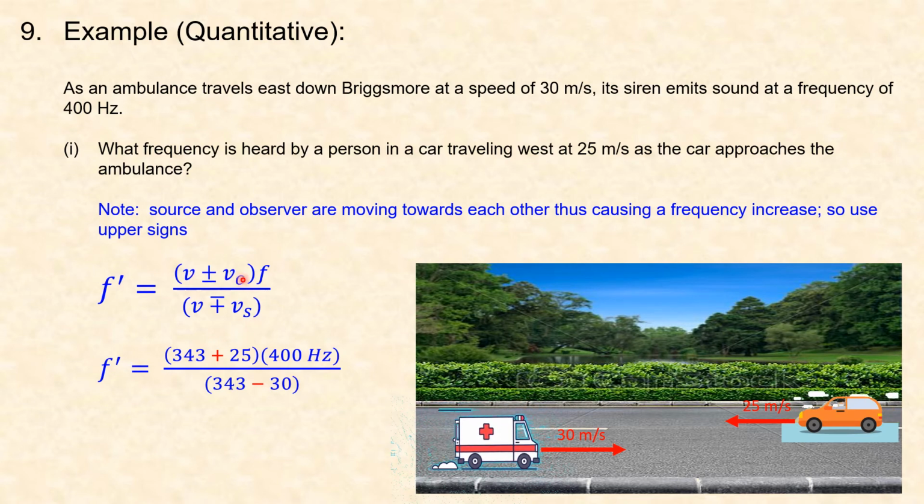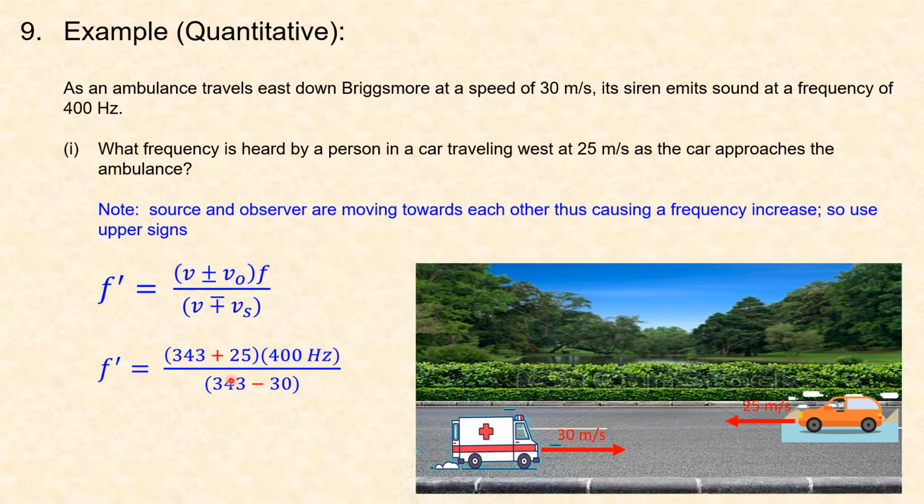The v sub o is the speed of the observer, the guy in the car traveling at 25 meters per second. Notice that these are speeds, not velocities. The source of the sound is the siren on the ambulance, moving at 30 meters per second. So we plug in those numbers. The original frequency of that siren, as it is being emitted, is 400 hertz.